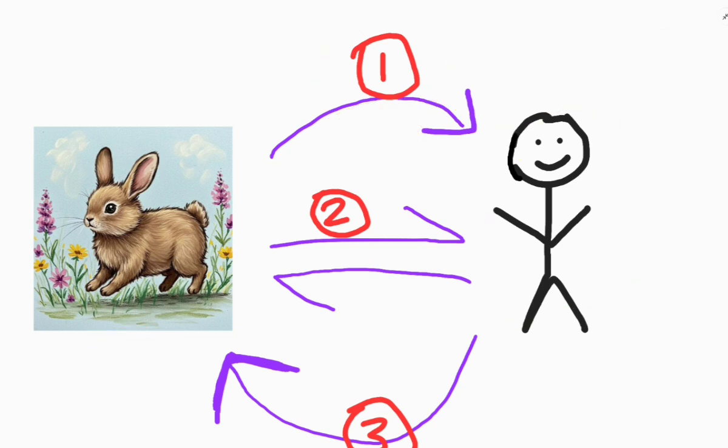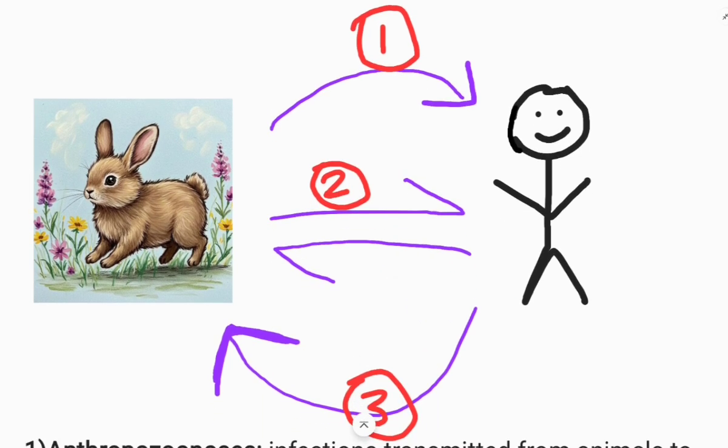In the second case, the infection travels bidirectionally, from human to animal and also from animal to human. And in the third case, the infection travels from man to animal, and in this case, man is the reservoir host.